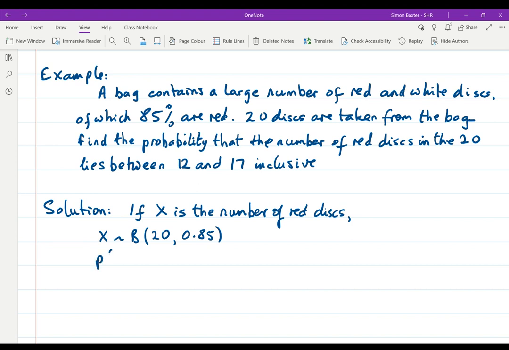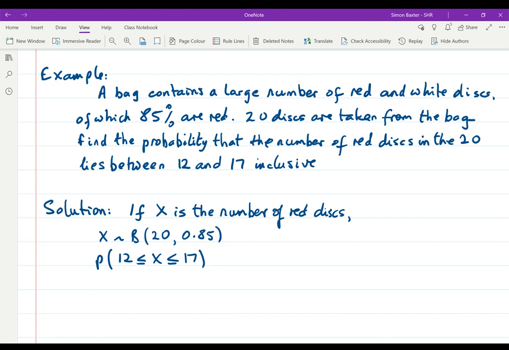What we're looking for is the probability that 12 less than or equal to X less than or equal to 17, inclusive, so less than or equal to each time. To start with, this looks just like the problem before until we realize that the probability p is 0.85 and the tables don't go above 0.5.